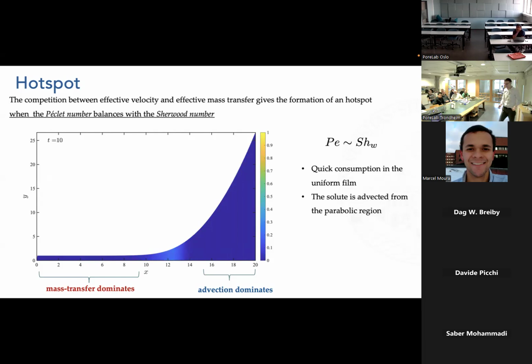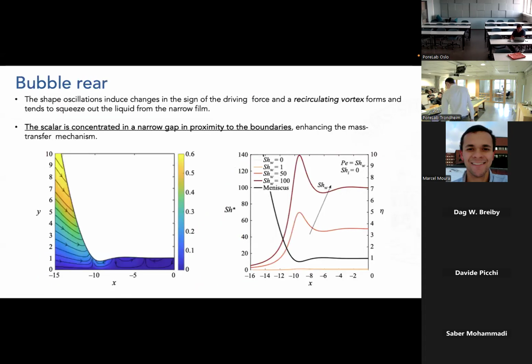Why do we see this hotspot? Just because there are different regions of the bubble, where the film is dominated by mass transfer, while the front is dominated by advection. So here it is just pushing the solute in this direction. This is just one example of things that we can investigate with this type of analysis.